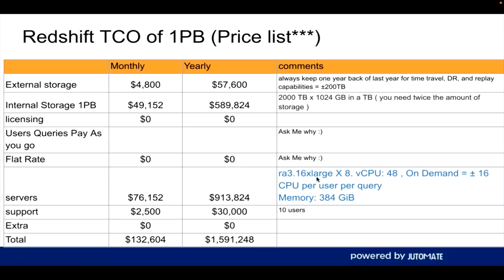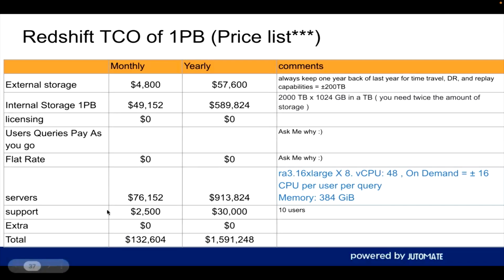For the purpose of this training exercise, I chose RA3 16xlarge, 8 of them, which consist of 48 CPUs and 384 gigabytes, quite powerful and dense machines. This gives you a rule of thumb of give or take 16 CPUs per query.